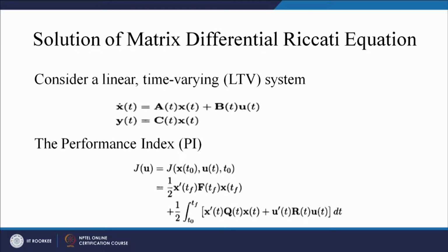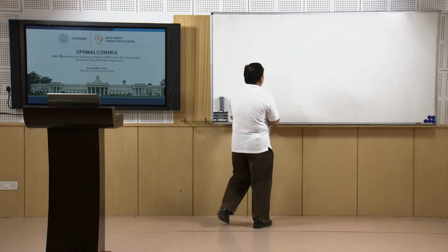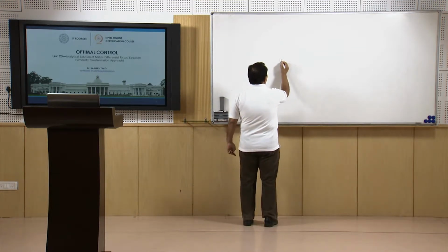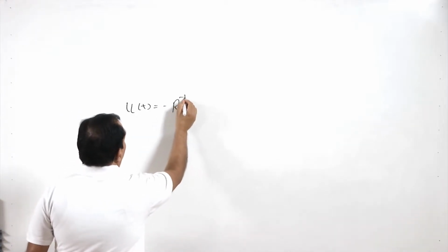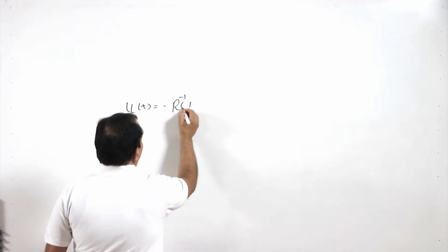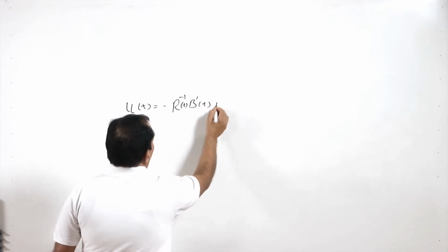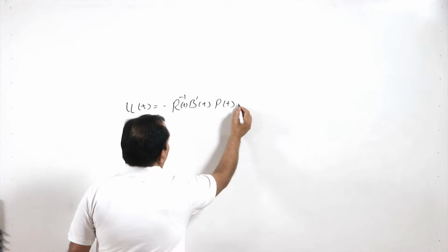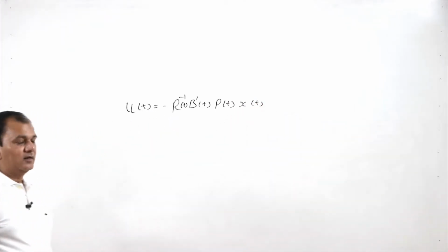So u(t) we determine as minus R inverse(t) B prime P(t) x(t).